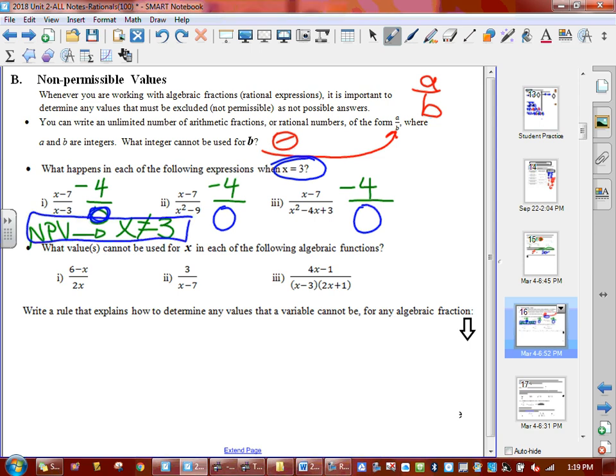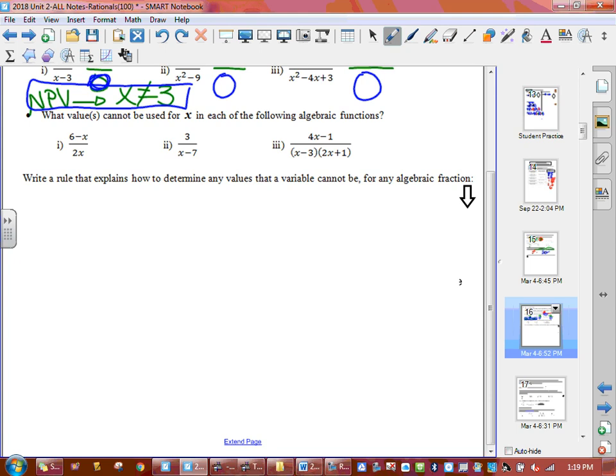All right, what values would be not applicable in the bottom? So what we're trying to do is make each factor on the bottom equal to 0. You take each factor, make it equal to 0, then solve for x. That becomes your non-permissible value. So on the bottom of the first one, I have 2x.